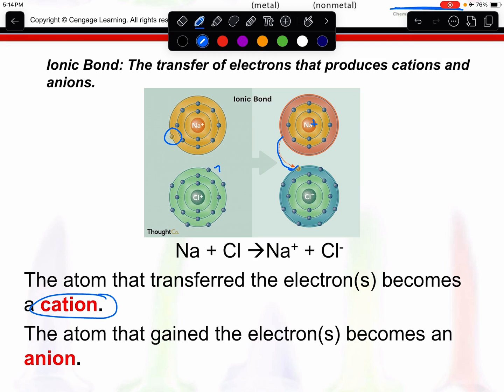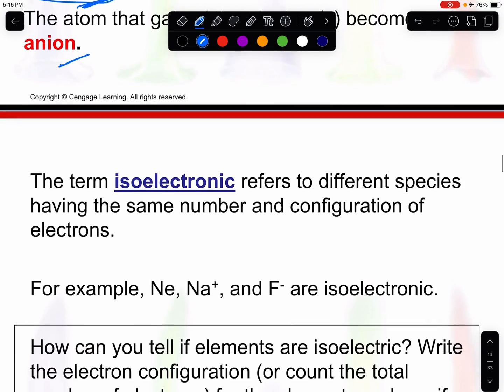That should be a little plus sign. This would just be Na, and this would just be Cl, neutral. Then Na would lose an electron and become a cation, because it has 1 more proton. And then Cl would become an anion because it gained 1 or more electrons and has a negative charge overall. So these are considered atoms before, and these are considered ions after because they've gained or lost an electron.